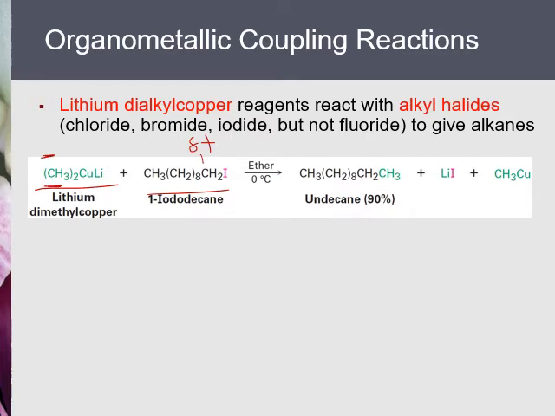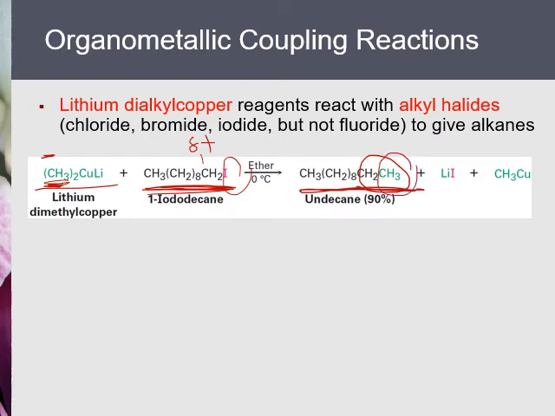So the negatively charged carbon and positively charged carbon form a new carbon-carbon bond. So the net effect is the halogen atom in the alkyl halide is replaced by one of the alkyl groups from the Gilman reagent. Here, the 10 carbon alkyl halide now becomes an 11 carbon alkane.